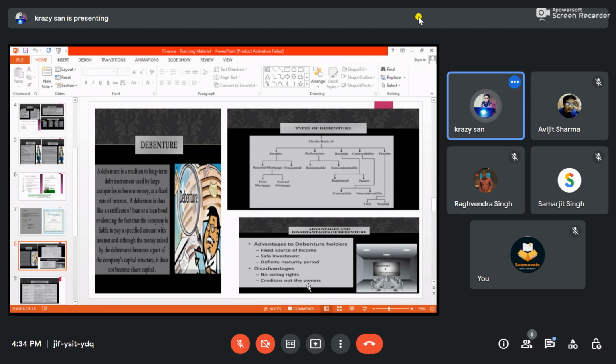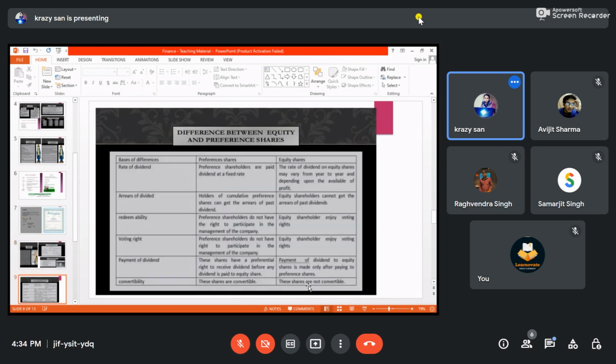Means you can show it to the government, or to the company auditors, that you have invested this much amount, and it can be liquidated whenever required, easily liquidable for the investor. So, a fixed source of income and a safe investment for a longer period of time.